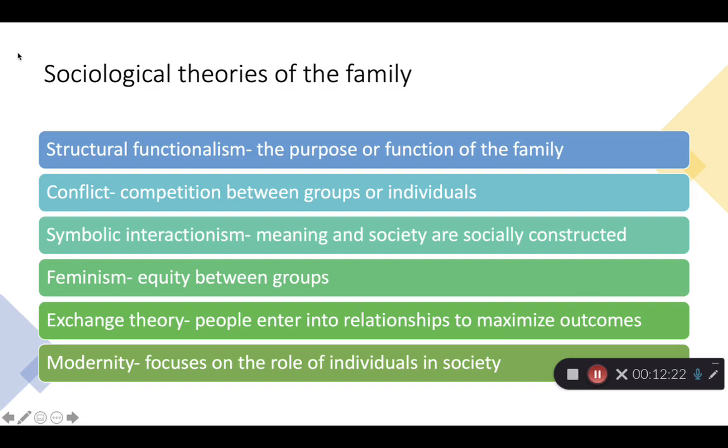Conflict theory, again, is this idea that groups are competing with groups. So in the 1960s, when females challenged this traditional definition of the family as a male-dominated, head of the household, patriarchal system, the dynamics of the family itself changed, and that resulted in a reduction of inequality between males and females, for example.